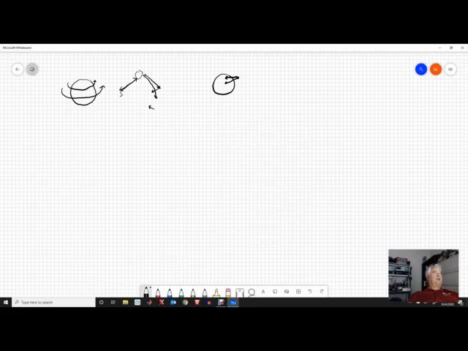So in this case over here, the force of gravity would pull like this, and I've really shown the arrow in the wrong place. The centrifugal force of the mass is that way. So you want these two to be directly opposite and equal, and they're not in this case.